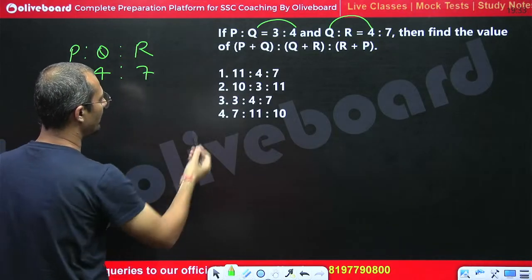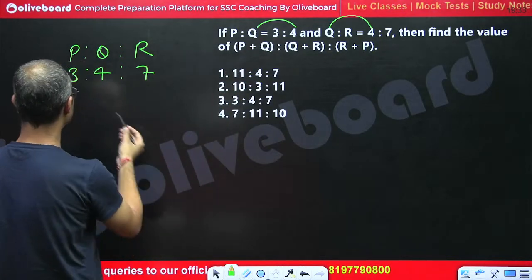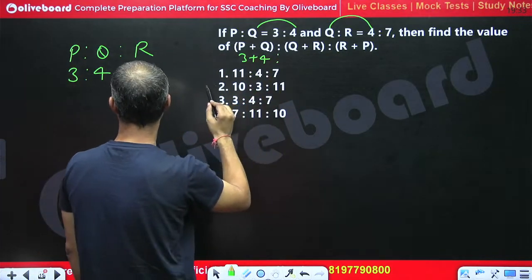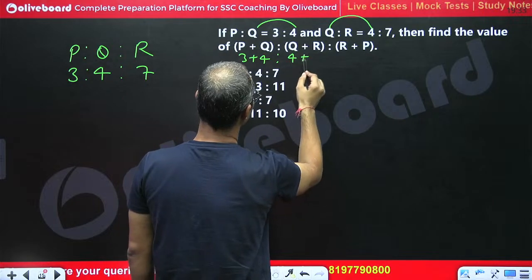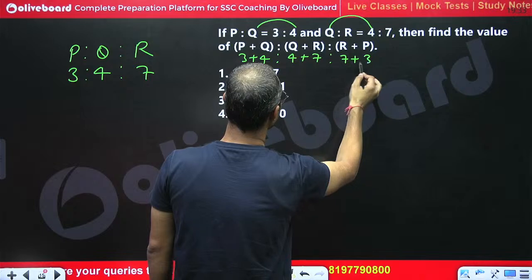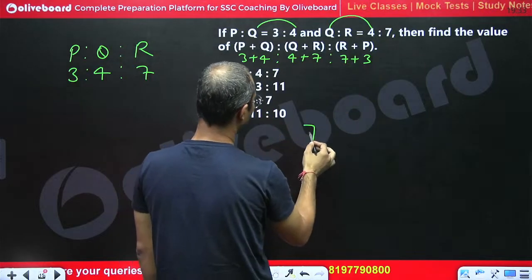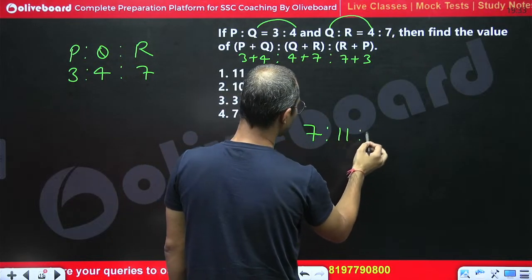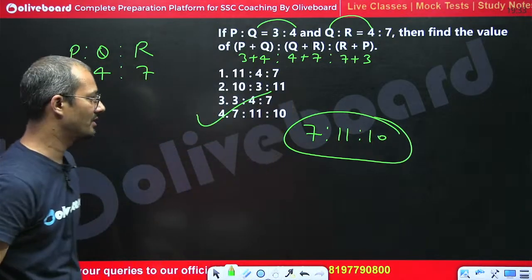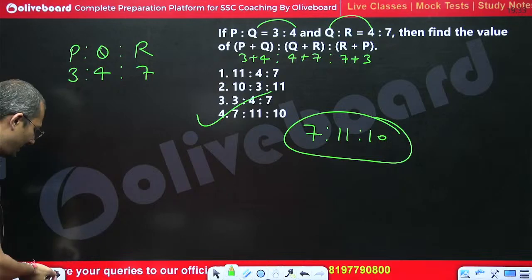Now we have to calculate P plus Q. P plus Q, 3 plus 4, is to Q plus R, this would be equal to 4 plus 7, and R plus P, 7 plus 3. So this will become 7 is to 11 is to 10, right? 7 is to 11 is to 10 would be the right answer. So fourth part is the right answer.